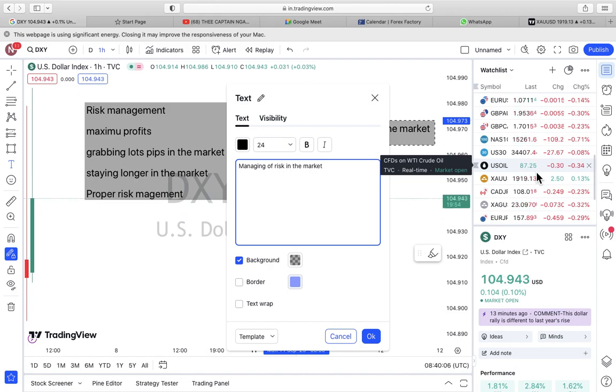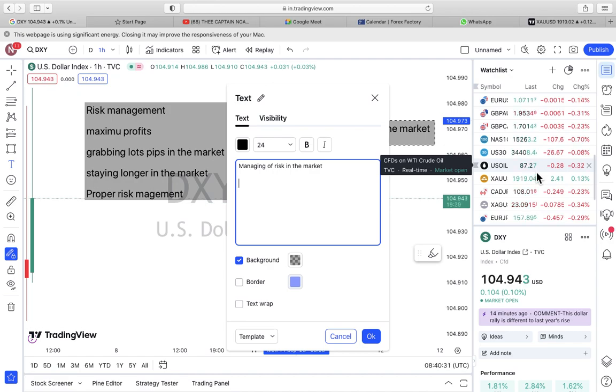Which means your number one aim in the market is not only to make profits, but also to look at how you are protecting your capital. Protecting your capital in the market should be your number one priority. We are always told to protect our capital as much as possible.